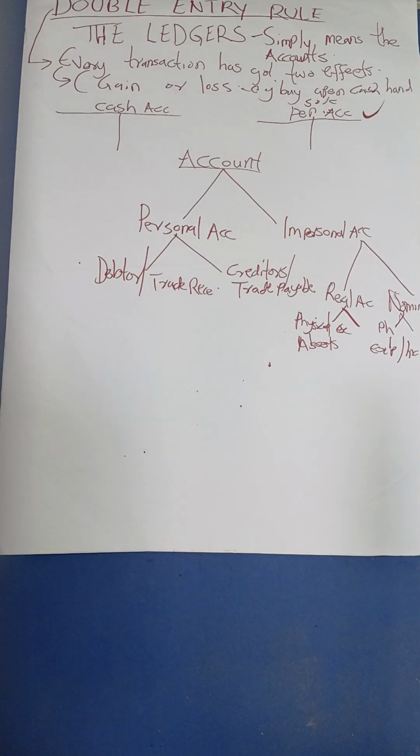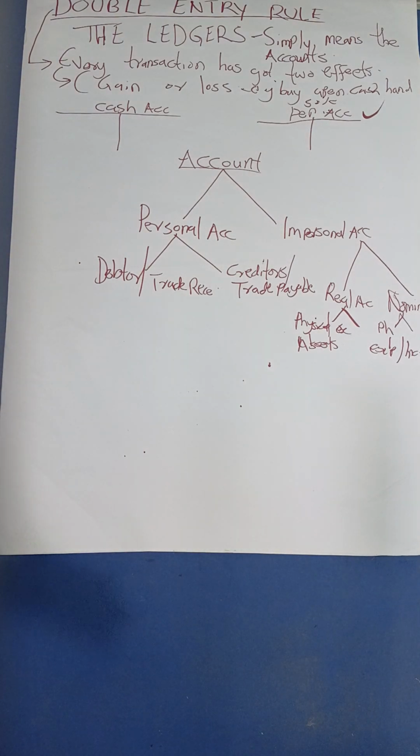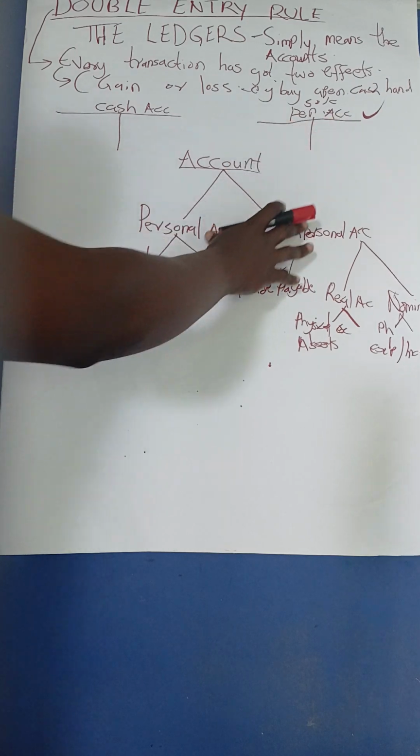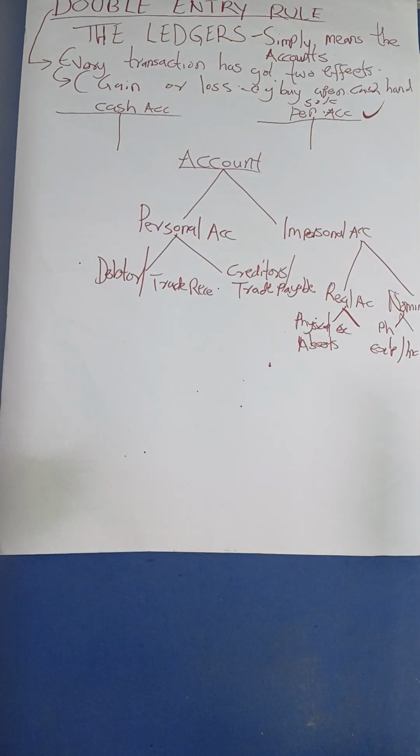Now, before we get into a practical example of coming up with the accounts, I will suggest you have this acronym that is going to help you. If you have it in your mind, after you open the accounts or the ledgers and balance them well, you'll also be able to come up with what we call the trial balance.